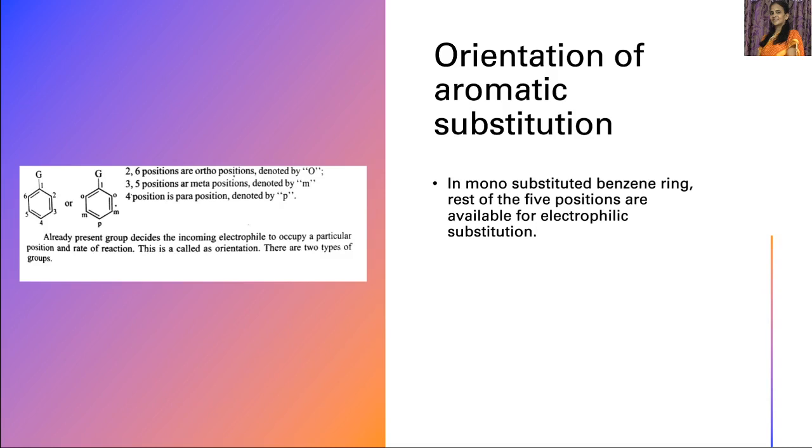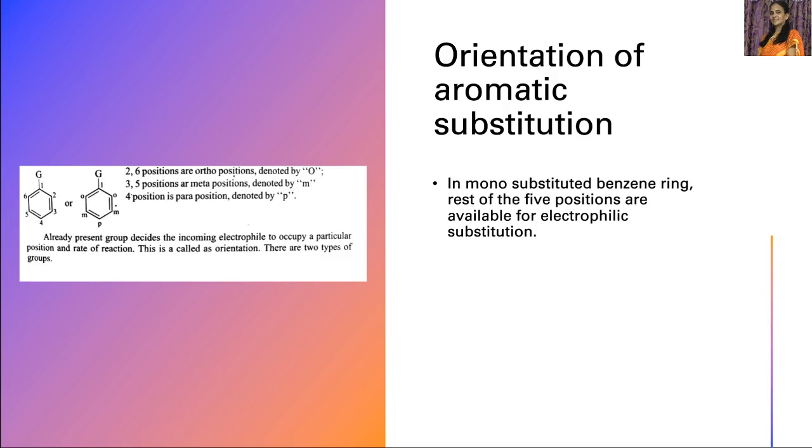The adjacent position to the first position is known as the ortho position. So 1 and 2 are ortho, 1 and 6 are ortho. See here, the 2 and 6 positions are ortho positions, denoted by O. When compared to 1, this 2 is ortho, and when compared to 1, the 6 is ortho.